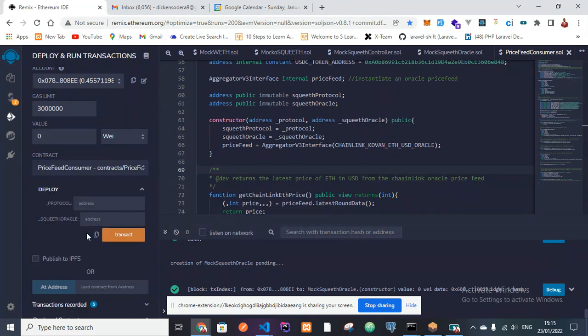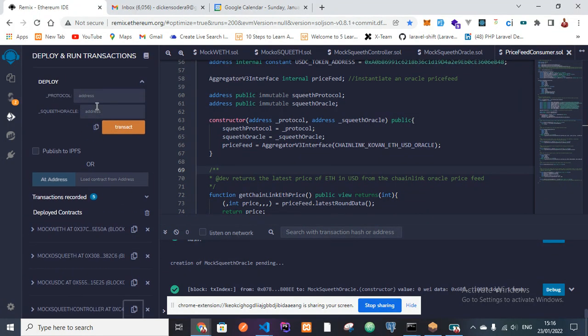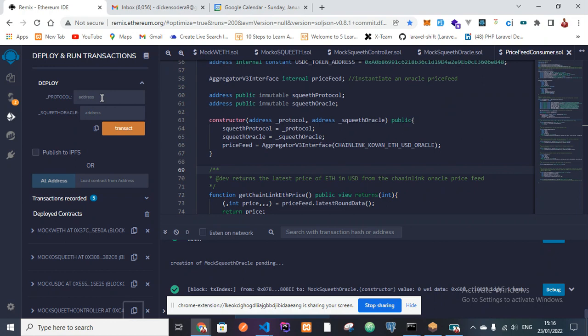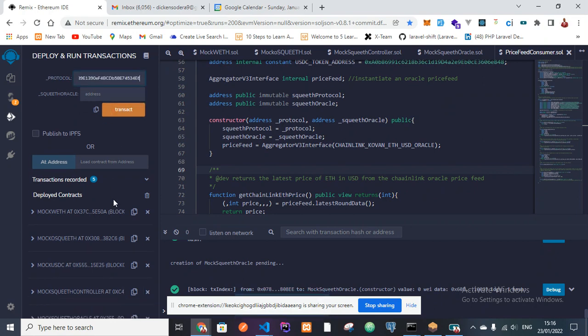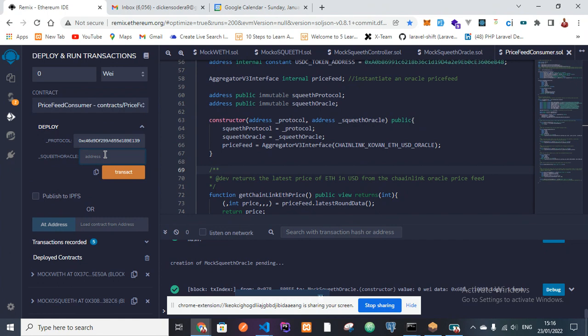So with this, you can see we need the protocol address and the oracle address, which we can pick from our deployed contracts. So the protocol address, let's copy that address and paste it over there. Then also let's copy the oracle address.